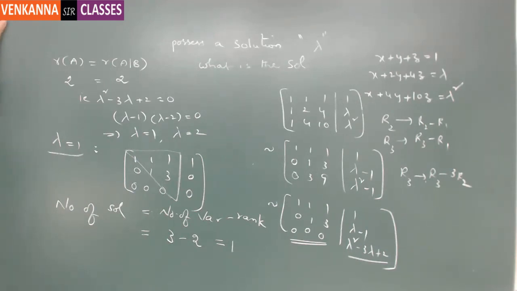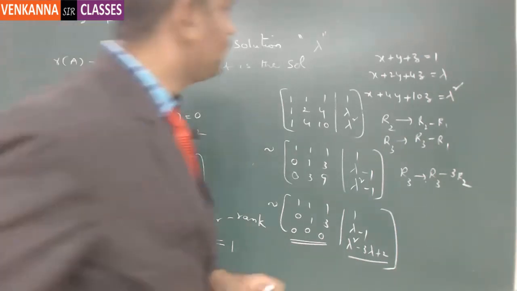In finding the number of solutions, we are finding how many free variables there are. So among the 3 variables x, y, z, let us take that z is equal to k, a constant. Now from the final system, we are going to write the corresponding equations and determine the solution.